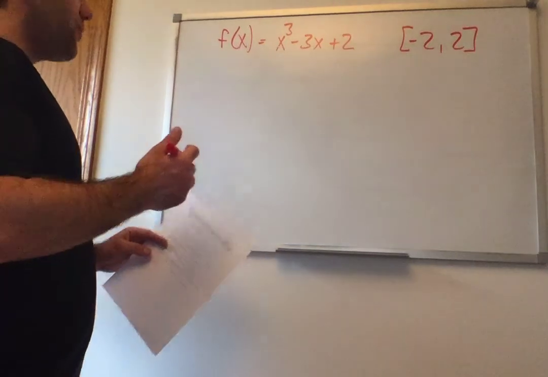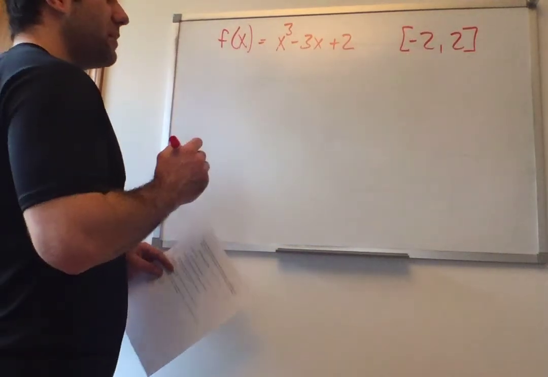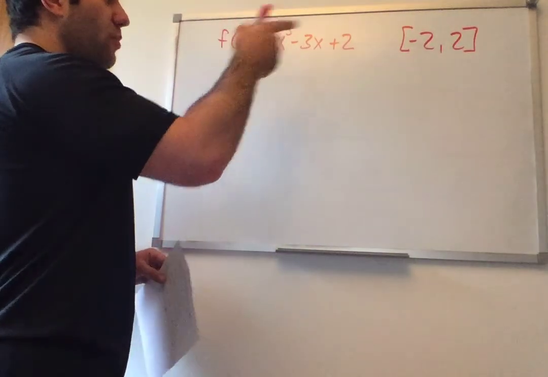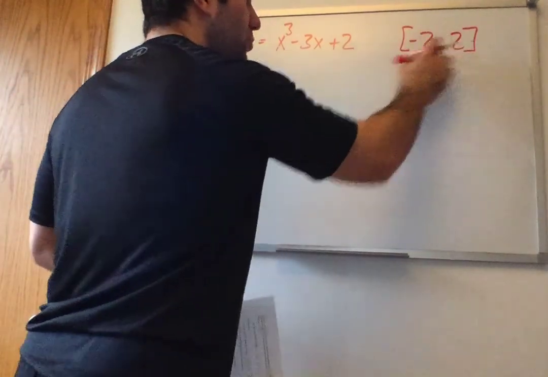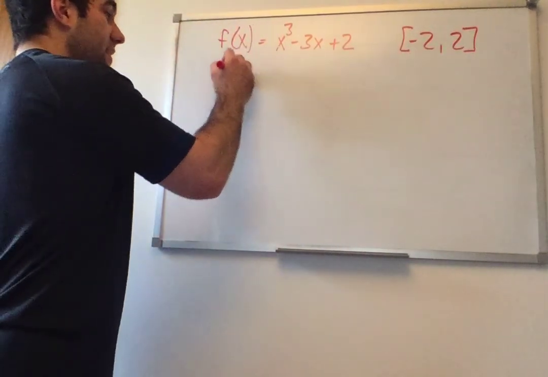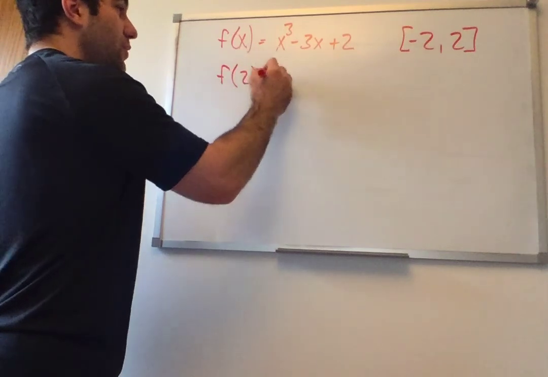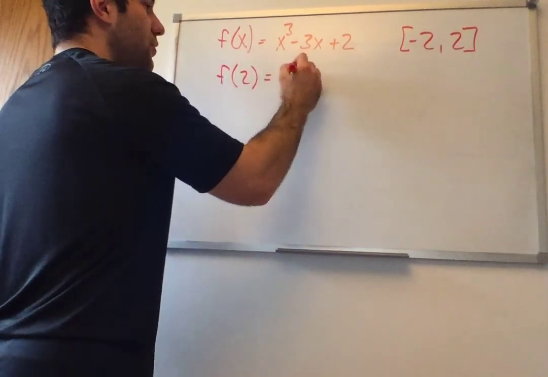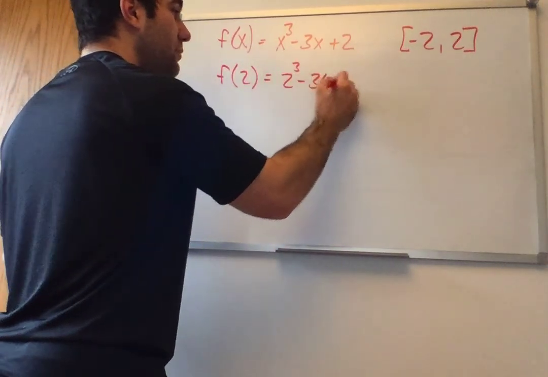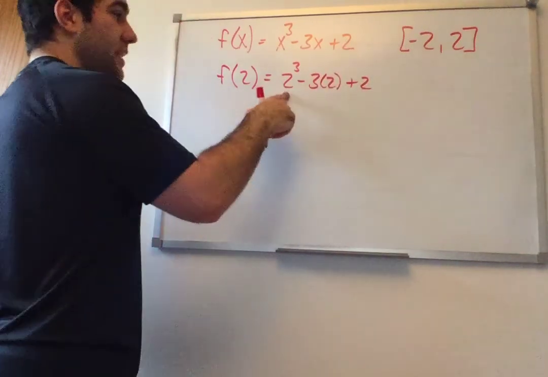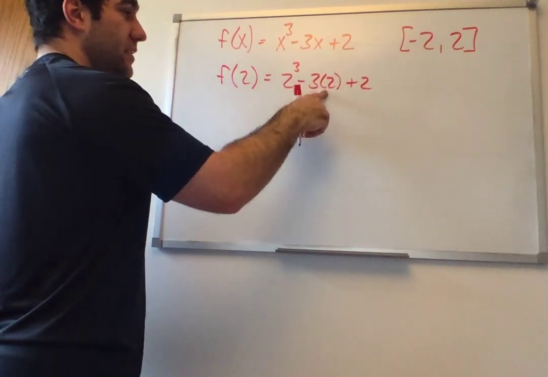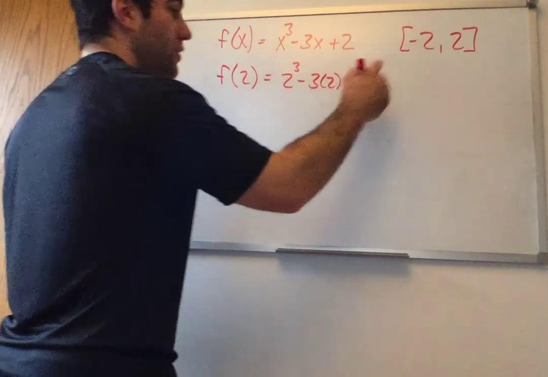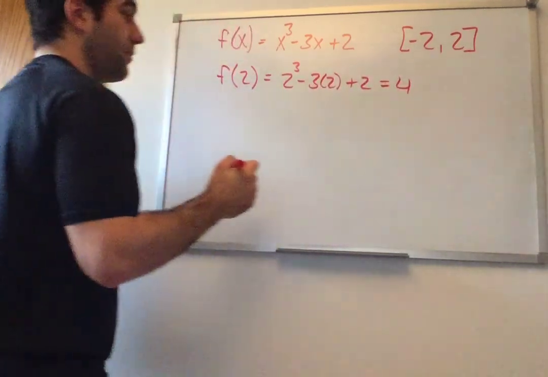So now we know for a fact there's some f prime of c that equals the slope of the secant line between these 2 points. So let's go ahead and find these endpoints. f of 2 is equal to 2 cubed minus 3 times 2 plus 2. See, 8 minus 6 is 2, plus 2 is equal to 4.